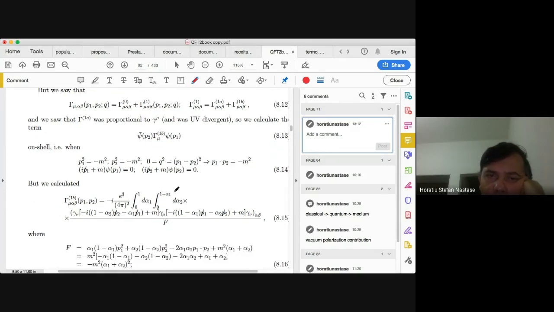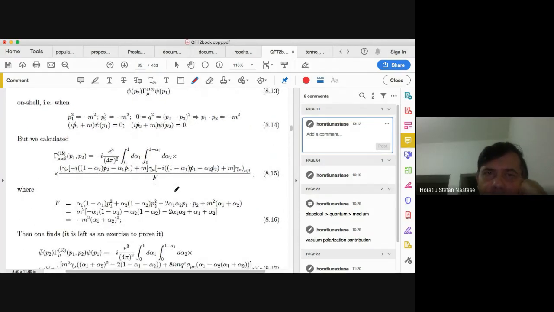So after calculating, here in the denominator there was a function f that was rather complicated like this, but then using these on-shell conditions, it simplifies to just minus m squared times (alpha 1 plus alpha 2) squared.